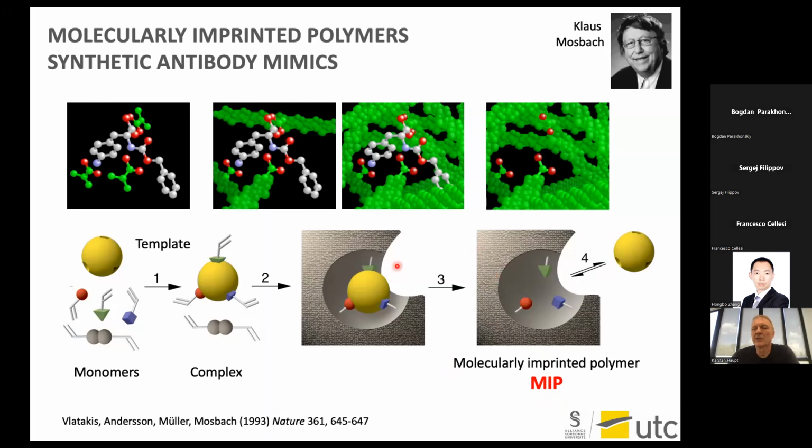Before I continue, I would just like to mention that there are, of course, other polymer matrices that we can use for molecular imprinting, not only the polyacrylates or polyacrylamides, but these account for about 90% of the materials that have been described in the literature.